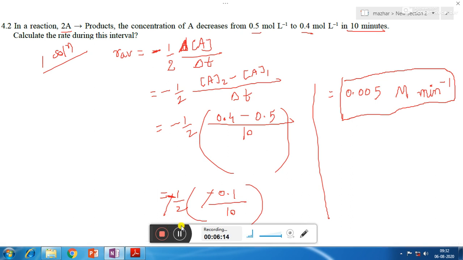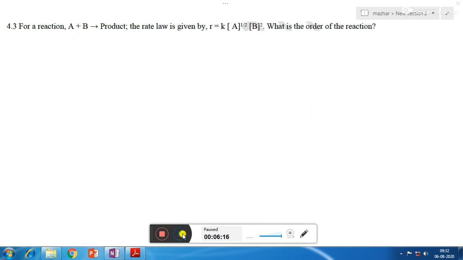Now let us see the next question. Number 3, in-text question 3, for the reaction A plus B gives products. The rate law is given by R equal to K into concentration of A raised to half into concentration of B raised to 2. What is the order of reaction?